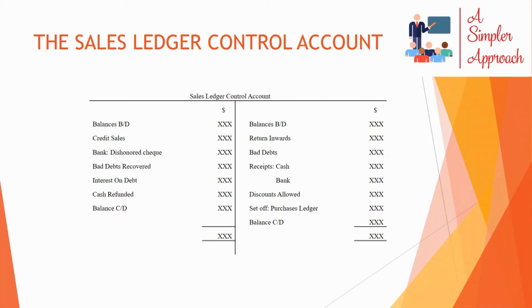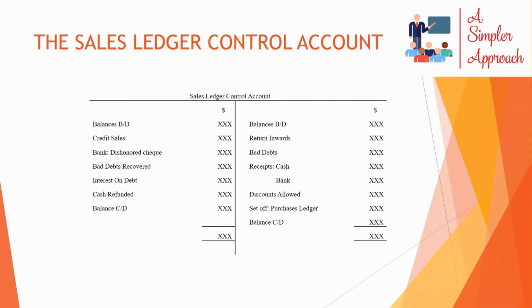Let me give an example. Let us use this one, credit sales. Now, the reason why we're not using our balances is because our sales ledger primarily has debit balances, because our debtors have debit balances. Now, it is possible for our debtors to have credit balances.